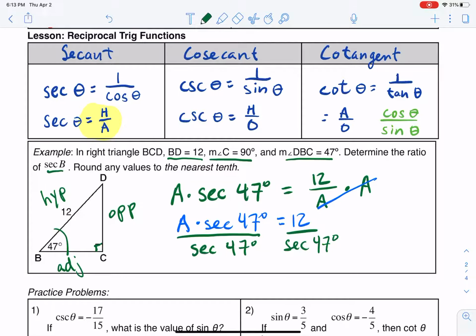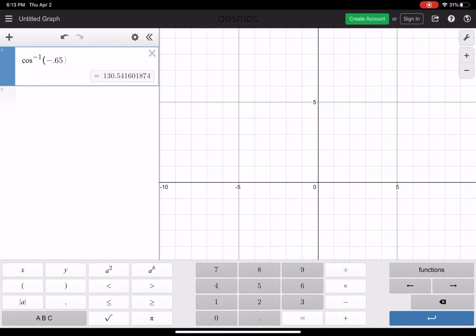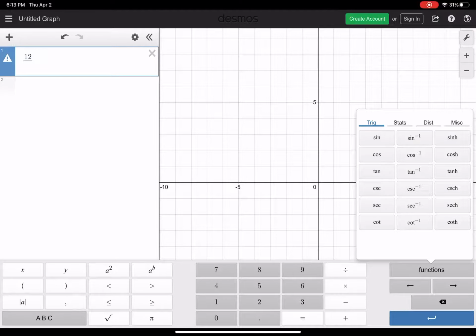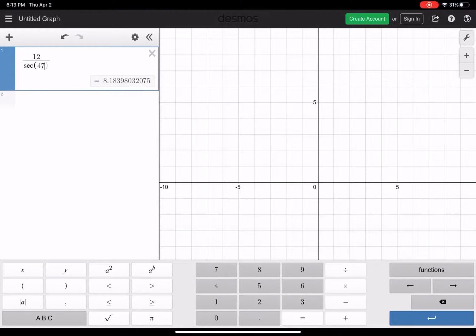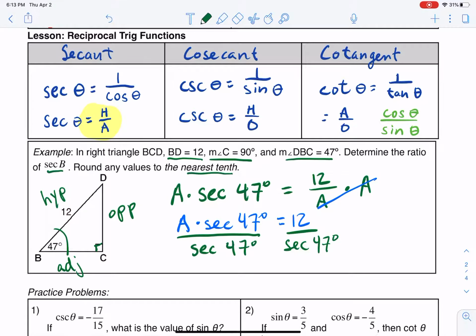All right, let's turn to our calculator here. So 12 divided by, look at my functions for secant of 47, and I get 8.18 to the nearest tenth, so let's do 8.2.